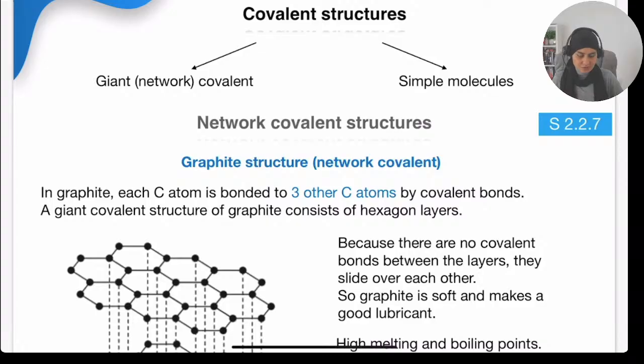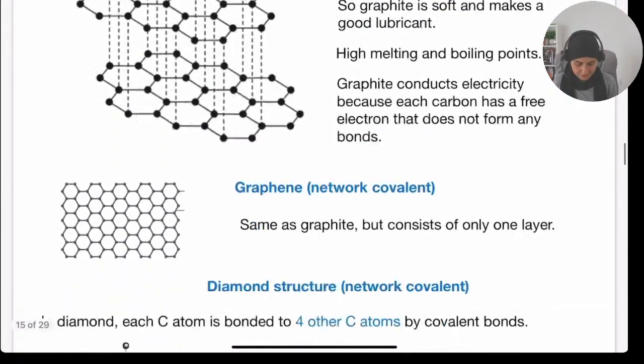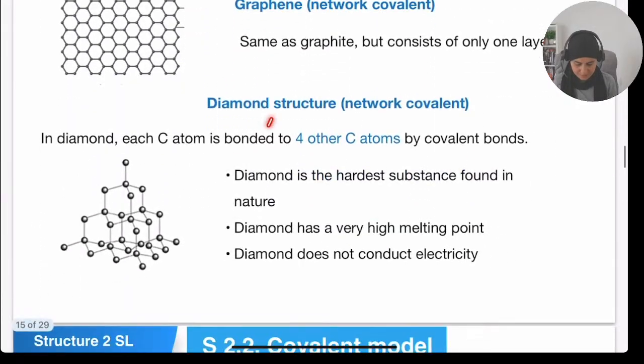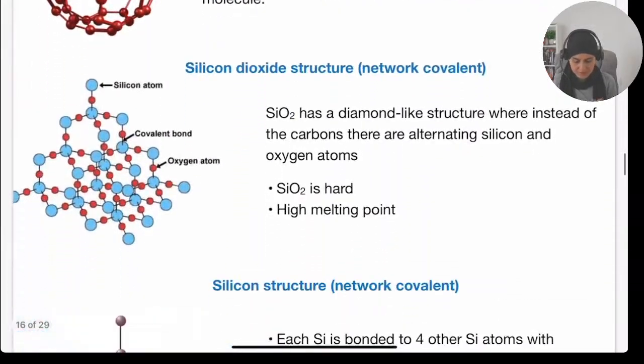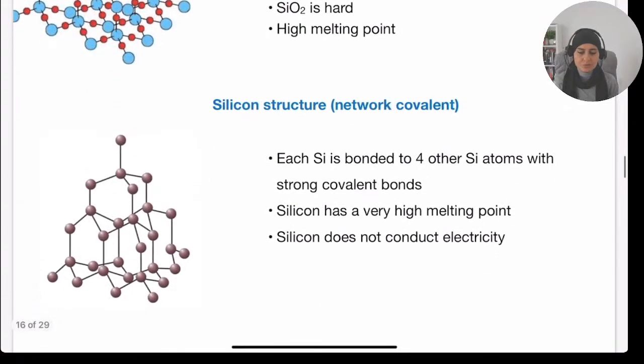If a substance is covalent, most of the time it would be simple molecules, except if it's giant covalent. Giant covalent structures are graphite, graphene, diamond, not fullerene, silicon dioxide, and silicon. Those are the ones that you need to know. If it's one of those, it's giant or network covalent. If it's anything else for IB, that would be simple molecular.